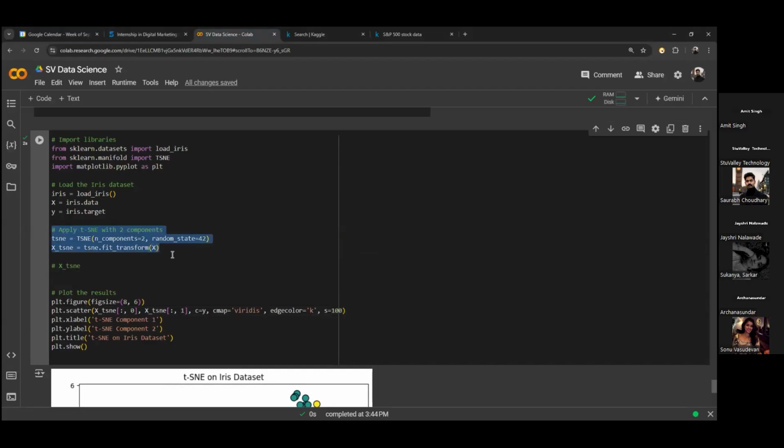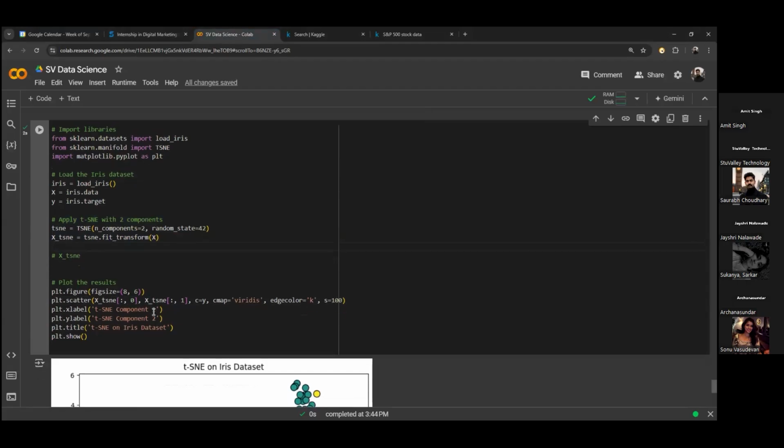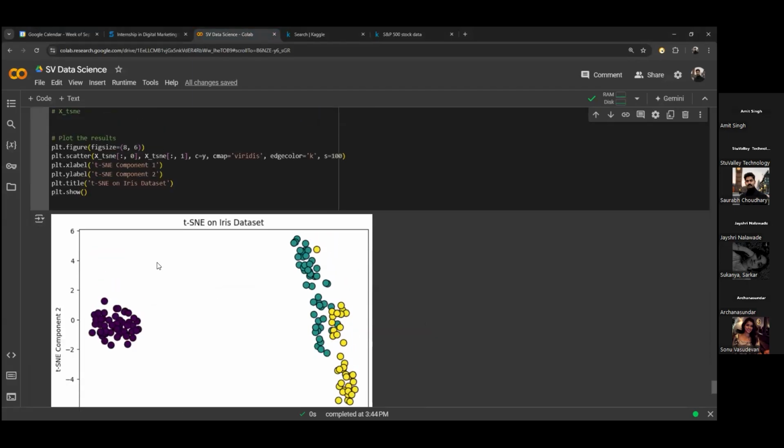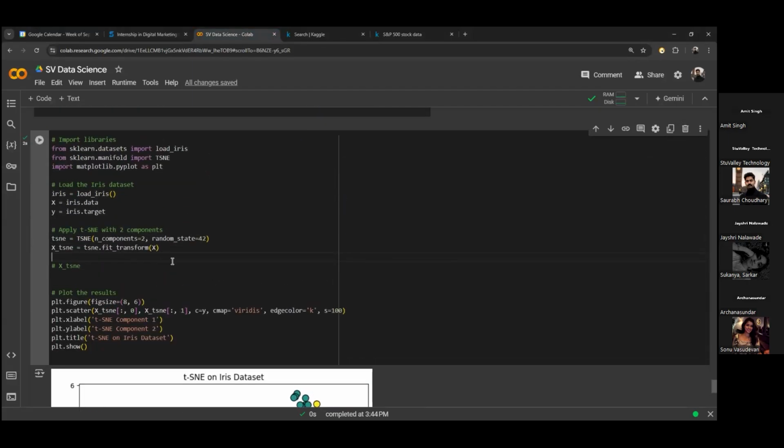Just transform into two components and try to visualize it. If you feel that you also need to standardize, you can do it.